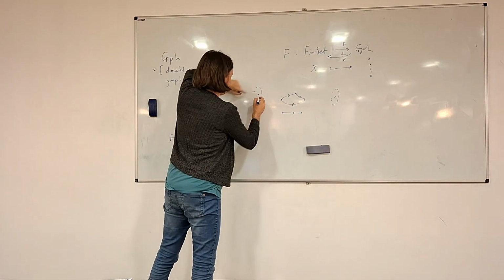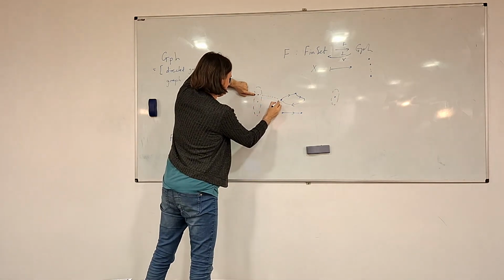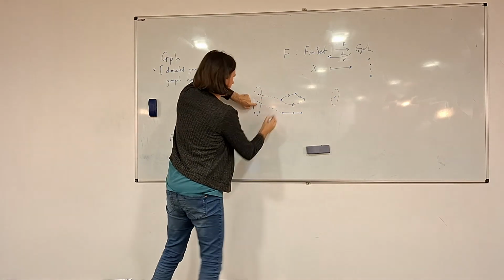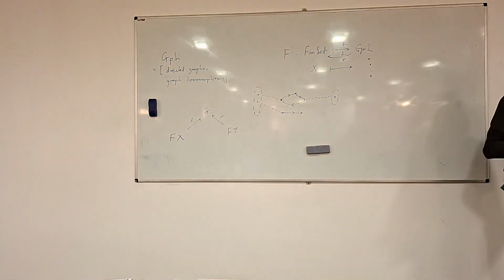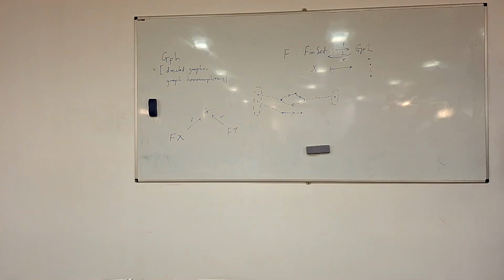So I might say that this corresponds to this vertex, this corresponds to this vertex, and this corresponds to this vertex. So this is basically a graph together with some set of vertices which I have called the left boundary and some set of vertices that I called the right boundary. So this is some kind of open graph. The word open graph is a bit slippery. It can have multiple different reasonable meanings. This is one possible meaning of the term open graph.